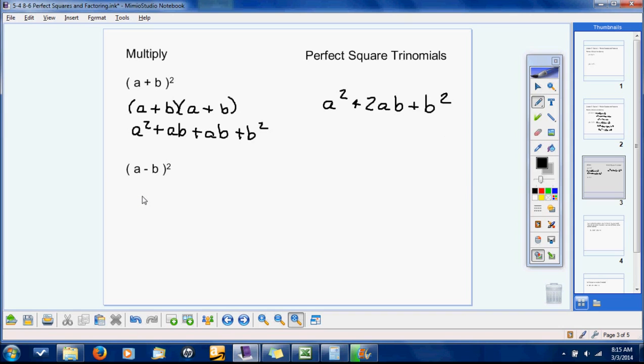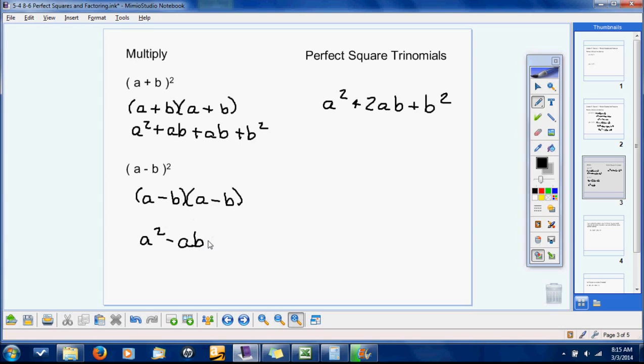A minus b squared is similar to that. A minus b times a minus b. A times a is a squared. A times opposite of b is opposite of ab.